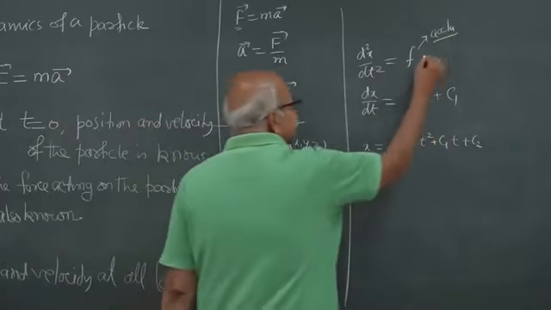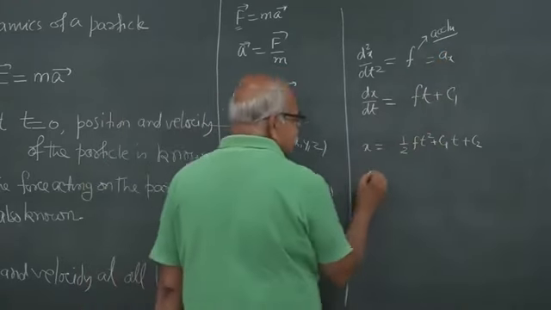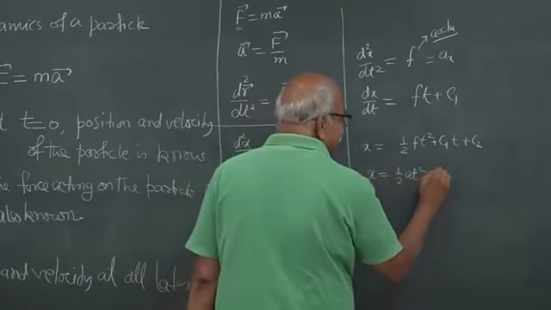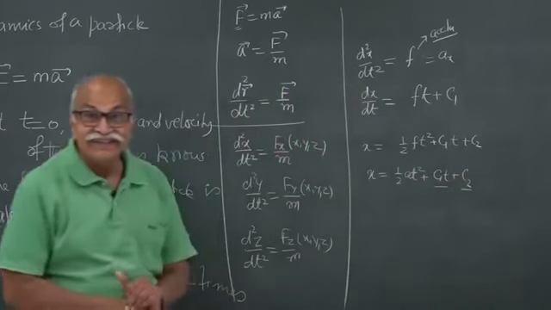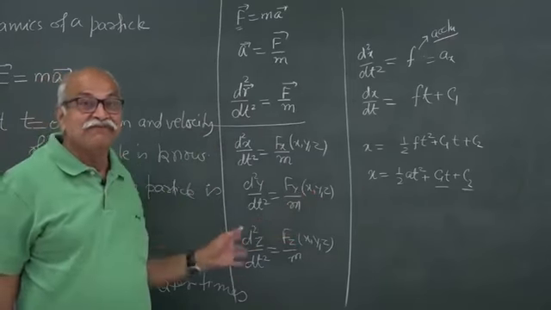So, if you write this Fx by m as ax, your x is equal to half a t square plus c1 t plus c2, and these two constants are not known as such with this much of information.